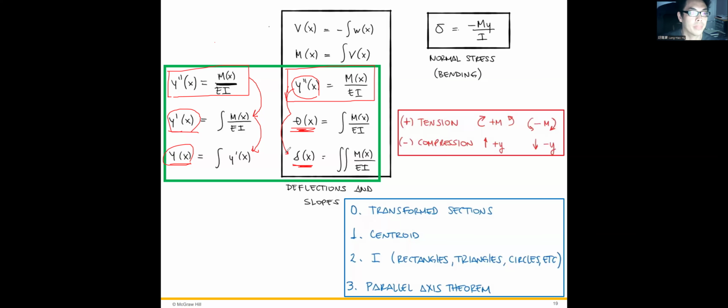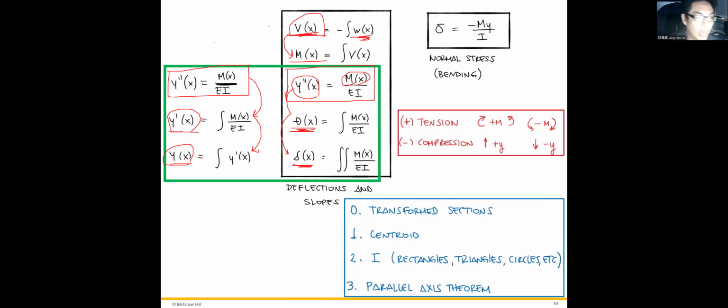So the key point is how to find the moment. The moment can be found from the shear. How to find the shear force? It can be found from the distributed load, or the load intensity, or the central load.